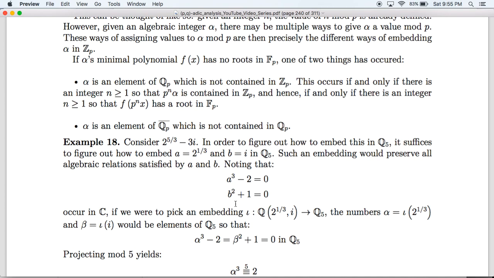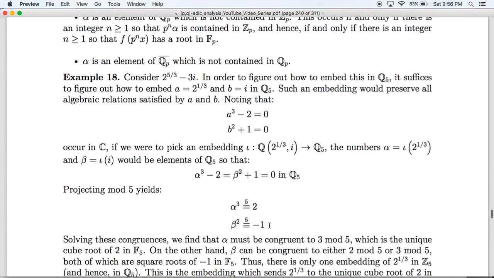So noting that we have the relations a cubed minus 2 equals 0 and b squared plus 1 equals 0 in C, if we were to pick an embedding iota of Q adjoined a, b into Q_5, the numbers alpha equals iota of cube root of 2 and beta equals iota of i would be elements of Q_5, so that alpha cubed minus 2 equals beta squared plus 1 equals 0 in Q_5.